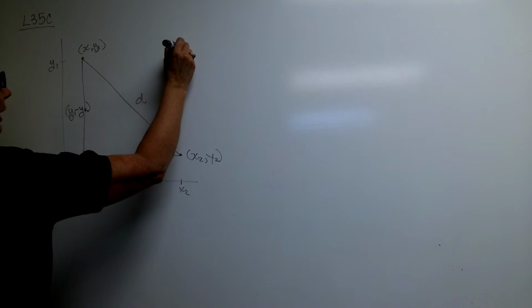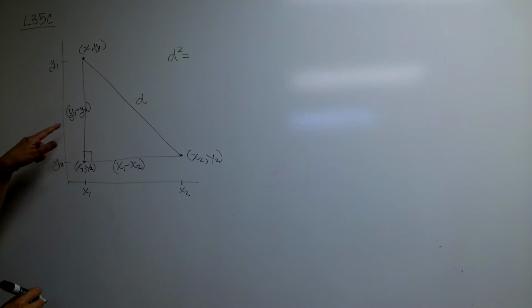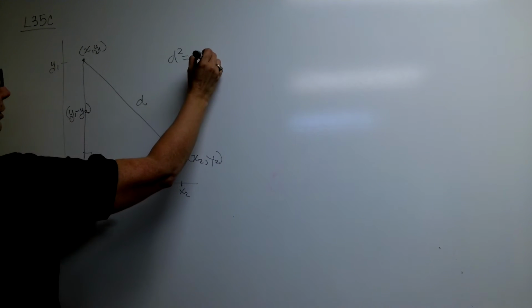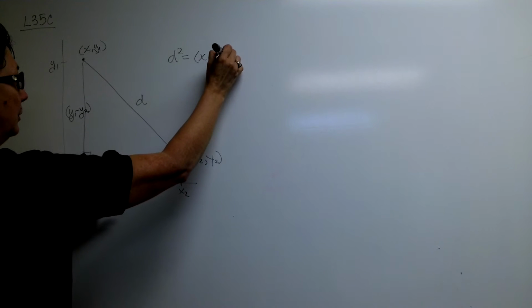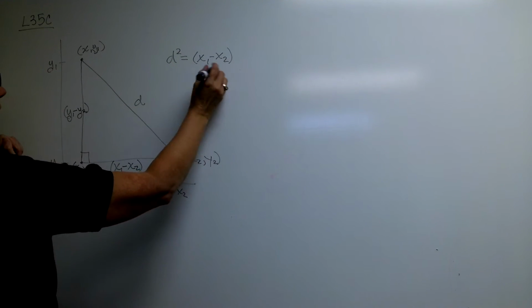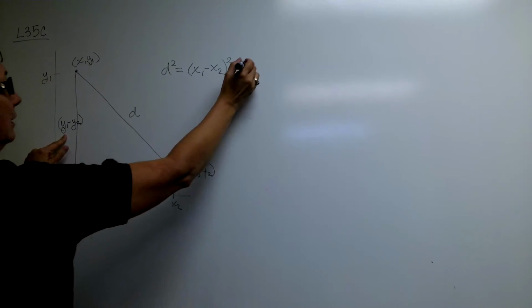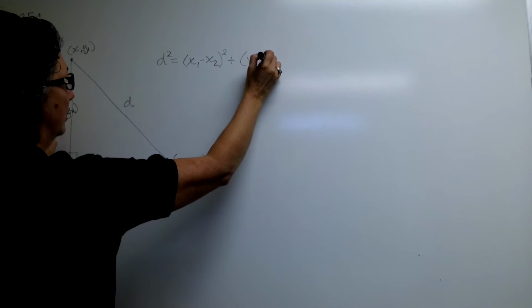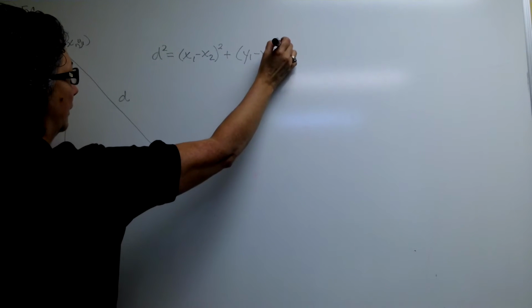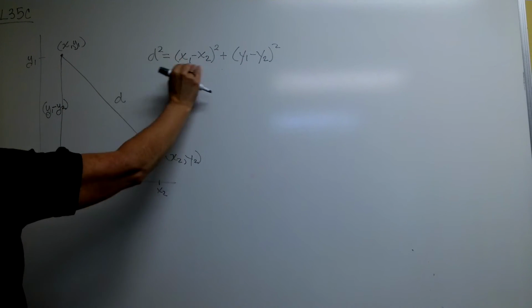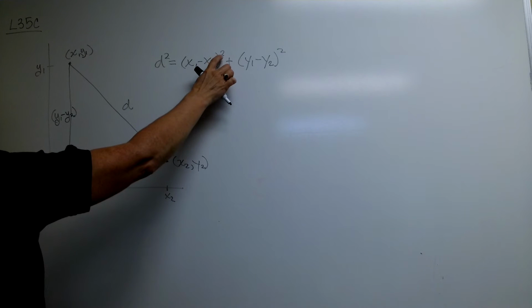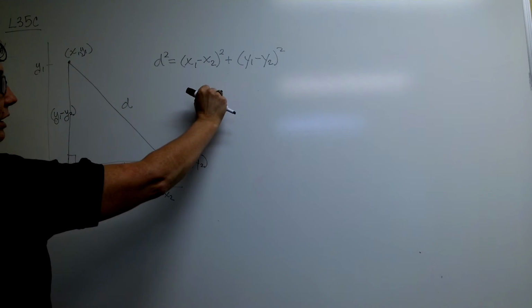So d squared, Pythagorean theorem tells me, is equal to, we're going to start with our x's just because we like to go in order, this distance squared plus this distance squared. Again, any number, whether it's positive or negative, once I square it, it's going to be positive.